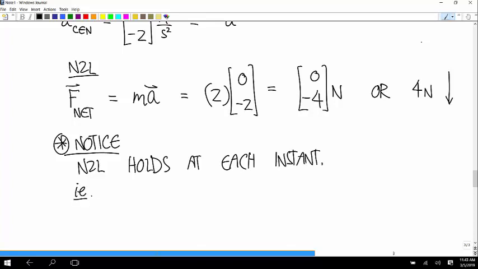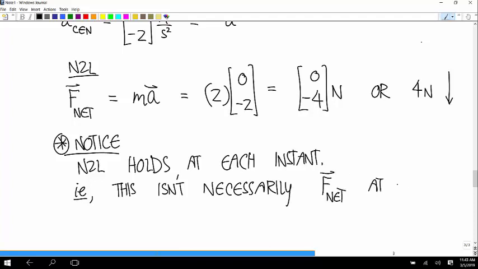So in other words, this isn't necessarily the net force vector at a different instant.